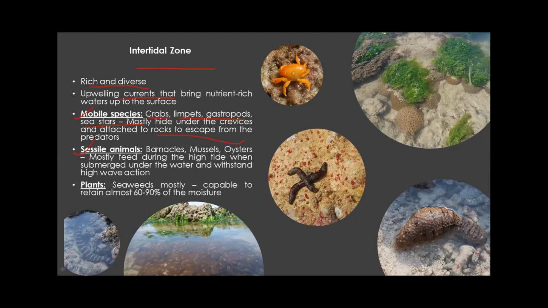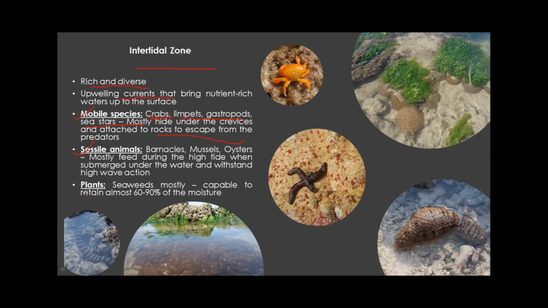If you go for sessile plants, then seaweeds are the example you can take. And then you have the mobile species, which have mobility, for example crabs, limpets, gastropods, sea stars, and so on, right?